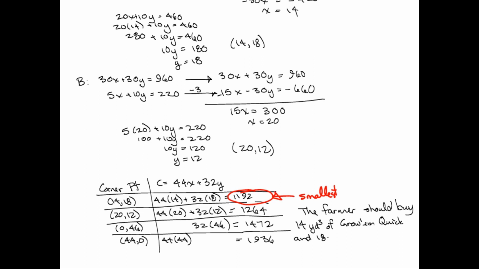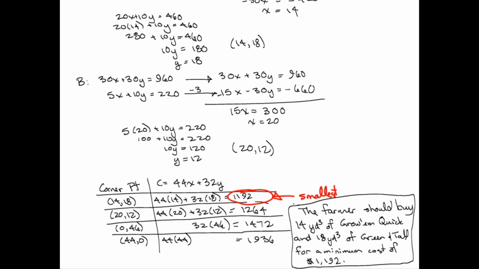And so 18 cubic yards of Green and Tall. For a minimum cost of $1,192.